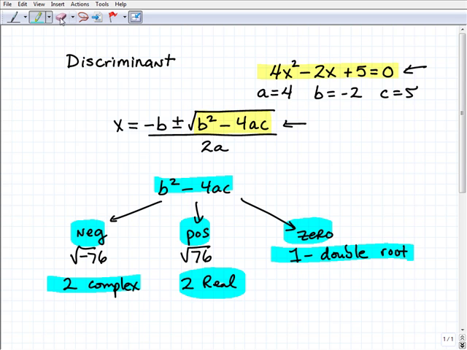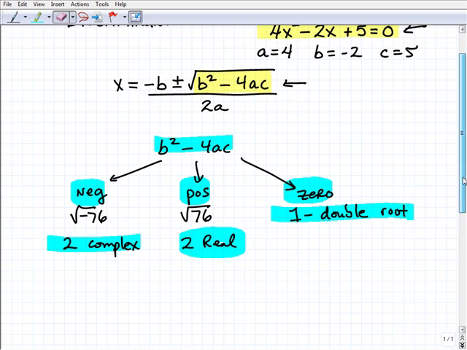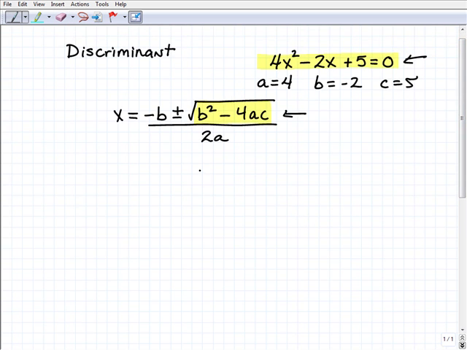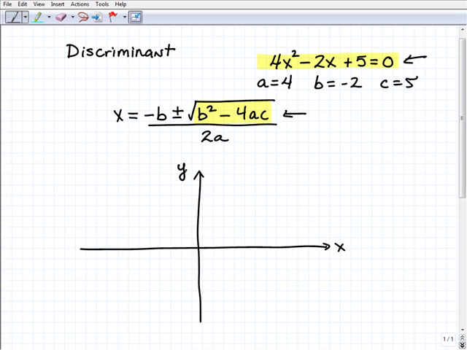Now, I want to show you what this means graphically. I'm going to erase this. Remember that all quadratic equations, when graphed, take the form of a parabola. A parabola that crosses through the x-axis at two locations, the x-intercepts, represents the real roots.